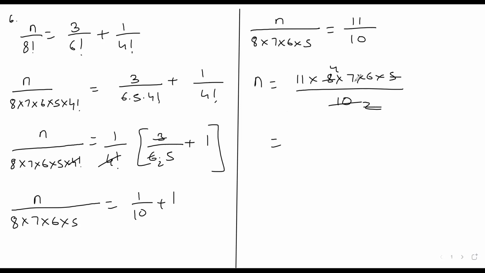Now if we multiply this, 11 into 4 into 7 into 6, we get 1848. This is your answer.